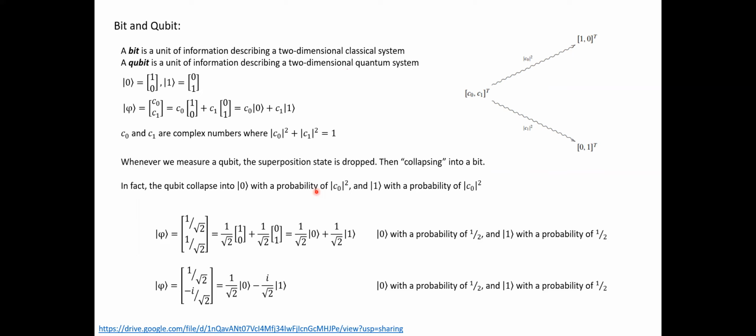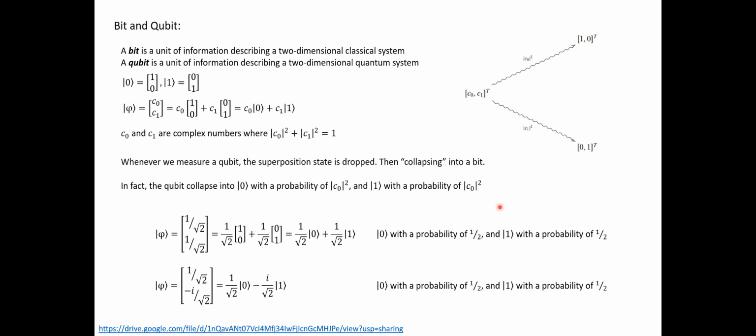So one characteristic: if we are measuring a qubit, it will collapse into state 0 with a probability of the square of the amplitude of C0, and will collapse into 1 with a probability of the square of the amplitude of C1. I'm sorry, there is a mistake there.